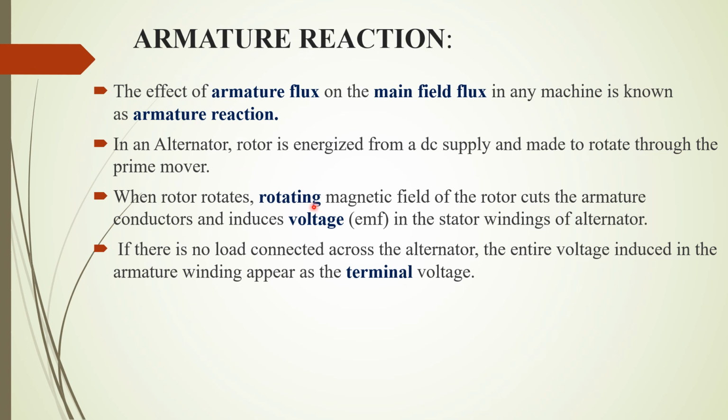We know that alternators or synchronous generators are the main source of alternating current. The alternator generates alternating current, and we collect it from the alternator in generating stations. In an alternator, the rotor is energized from a DC supply. Only excitation is needed for the field magnets.